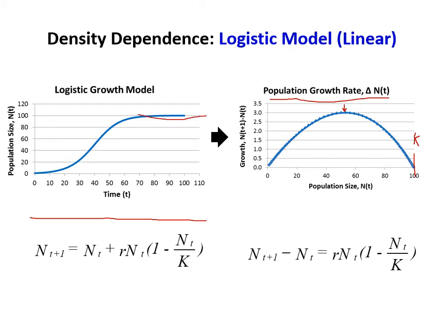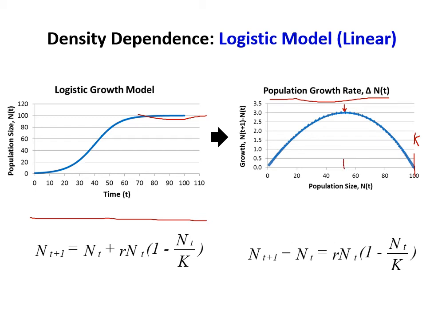But notice initially you don't have much increase because you don't have very many individuals in the population. Even though they're each reproducing rapidly, there's just not many of them. As the numbers increase, then you start getting more and more added to the population. But now you start getting a brake put on growth rate because there's more individuals, lower birth rate, higher death rate, and it comes down.